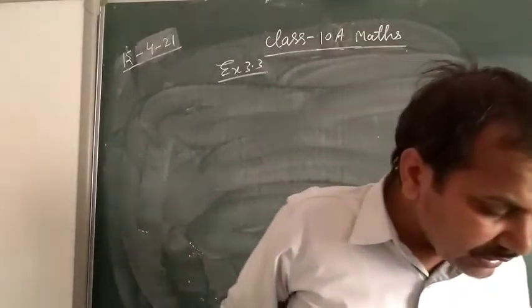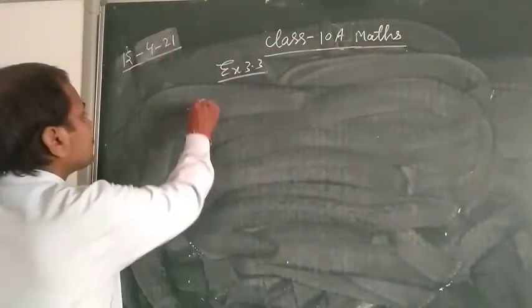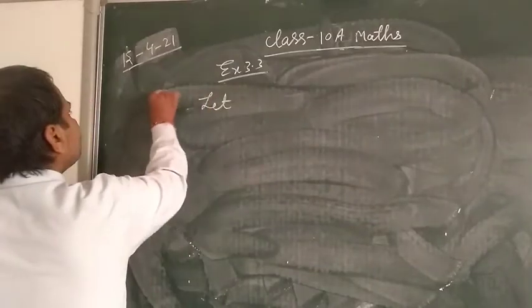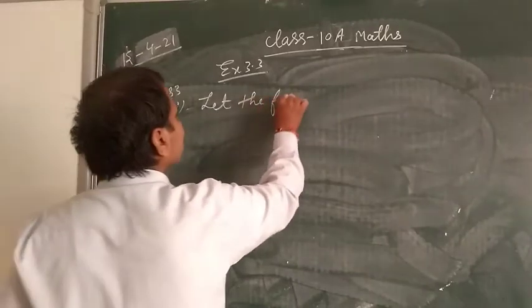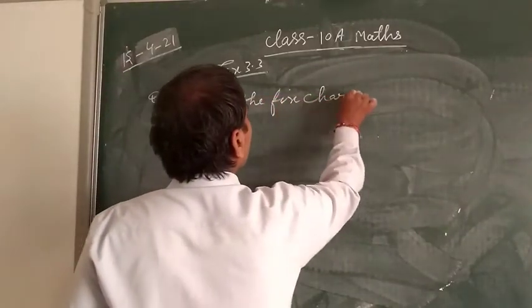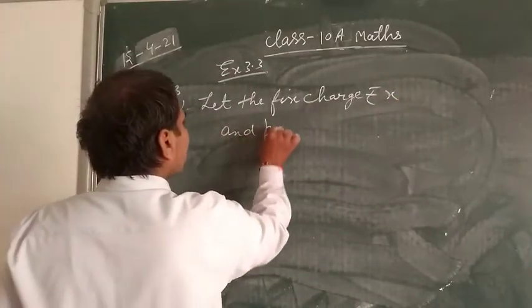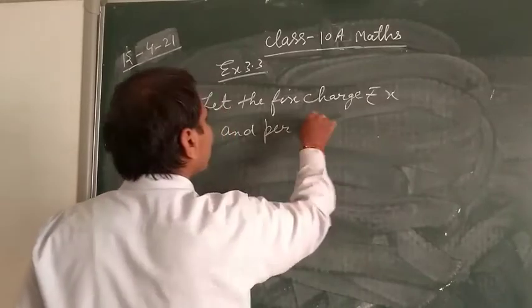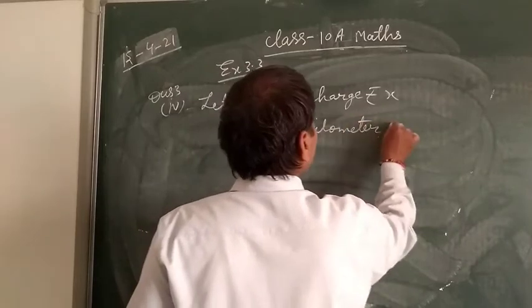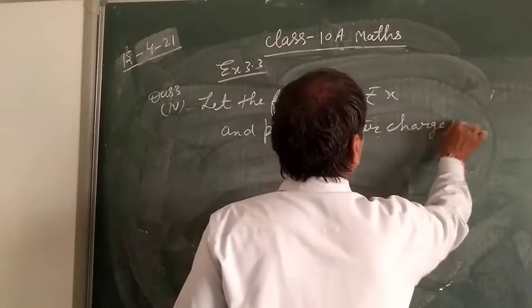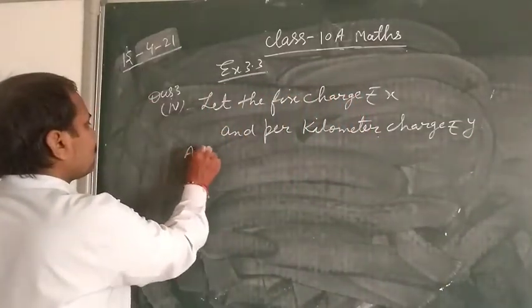So suppose let the fixed charge be rupees x and the per kilometer charge be rupees y. Clear?